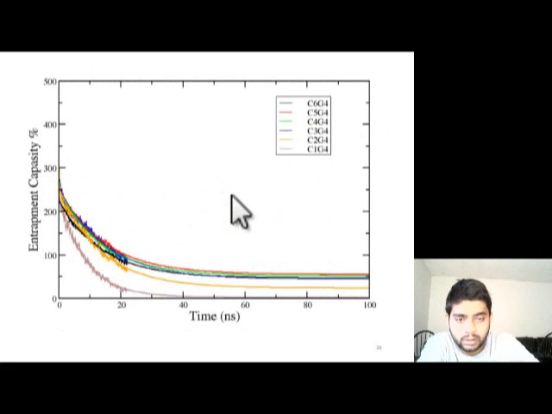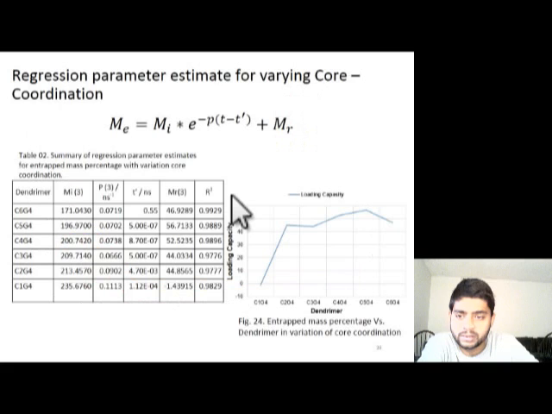This is our predicted graph for 100 nanoseconds, and you can observe that in red the C5 dendrimer has the highest stability, and we try to fit those data into this equation, and we observe 56% for G5 dendrimer, and those data were fit around 0.98 R squared value.